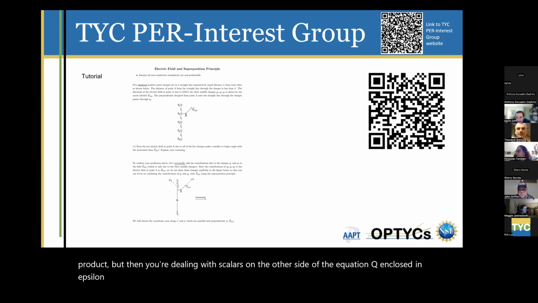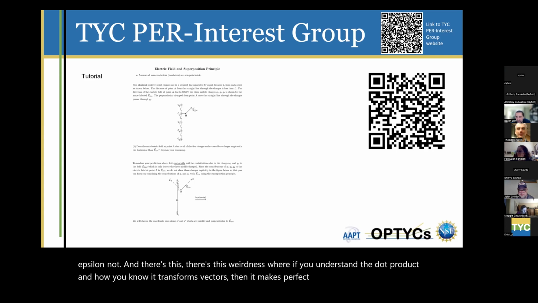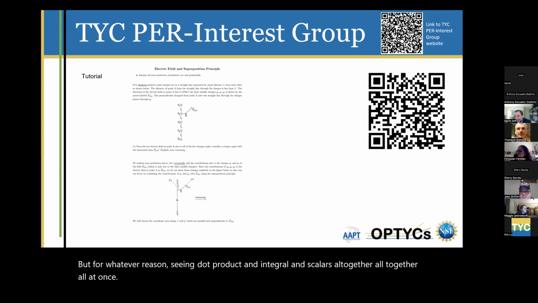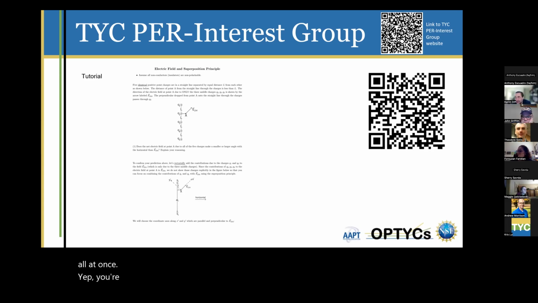There's this weirdness where if you understand the dot product and how it transforms vectors, then it makes perfect sense. But for whatever reason, seeing dot product and integral and scalars all together, all at once, it can be very intimidating. Yep, you're right. Absolutely about that.